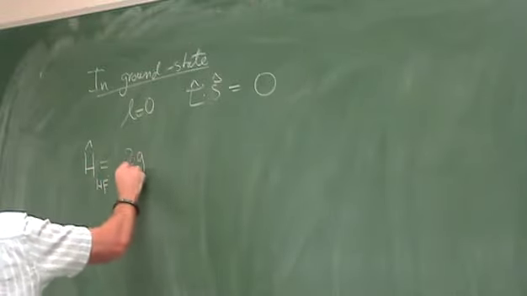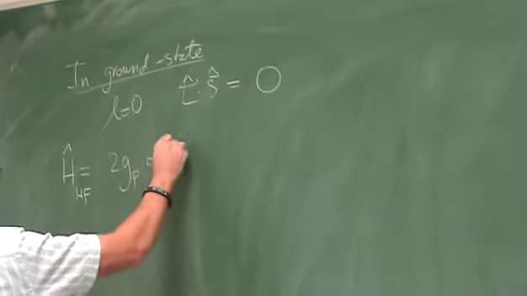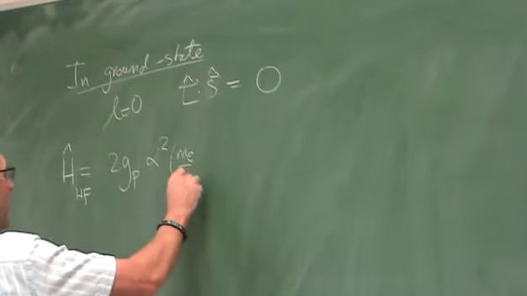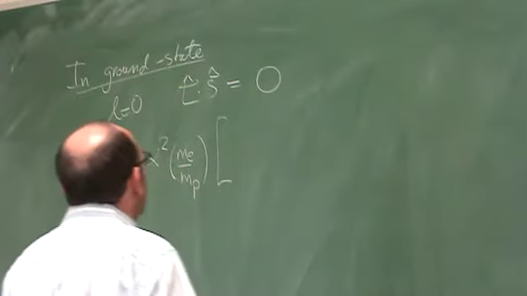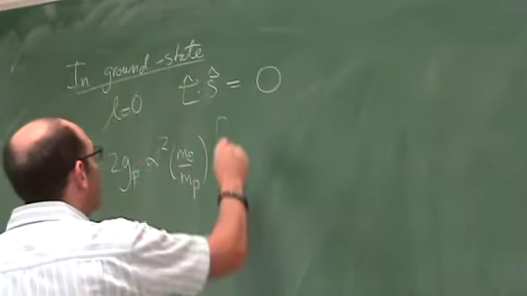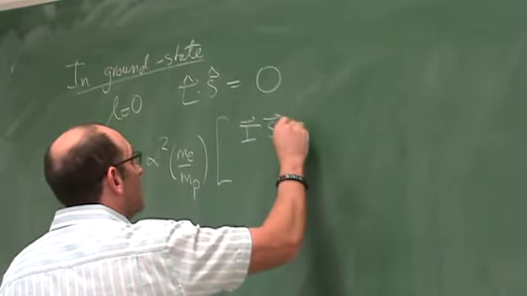So this I'll write now in atomic units. We have the fine structure constant squared, the ratio of the mass to the electron. So now writing everything in Hartrees. And then we have I dot S. Let me write it again.